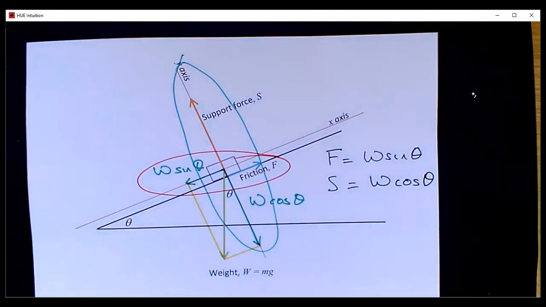It's likely that in any situation, students will be expected to find something like the magnitude of the frictional force and the magnitude of the support force, having been given the weight of the object, or at least the mass and the gravitational field strength, and the angle of the slope.